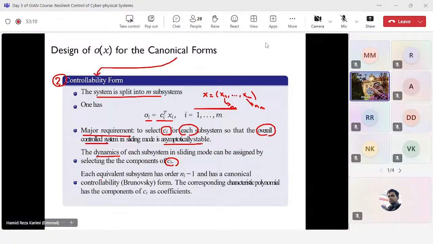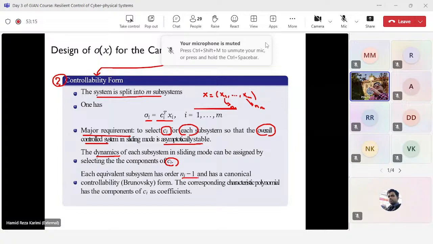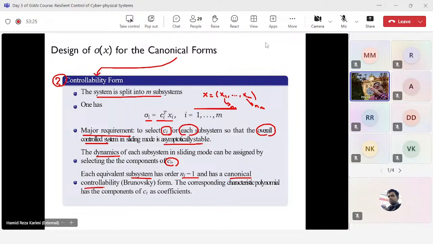So now each equivalent subsystem has the order ni minus 1. It means that this is the order for each subsystem. So it has such an order, and it has a canonical controllability form. And then you can find the corresponding characteristic polynomial that has the components of Ci as the coefficients.